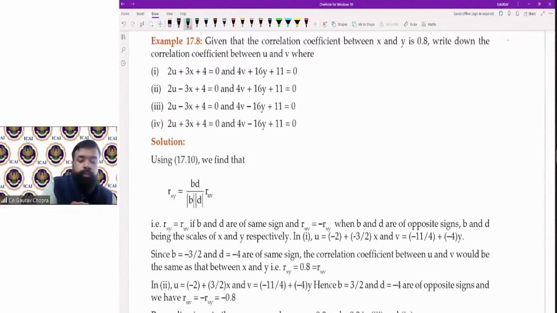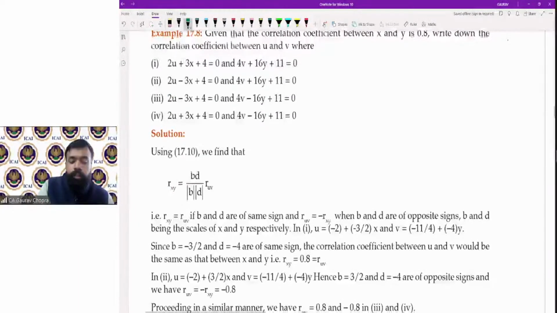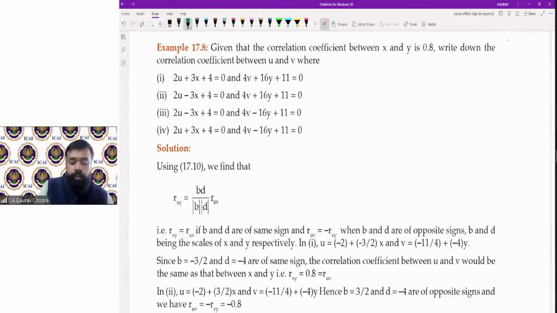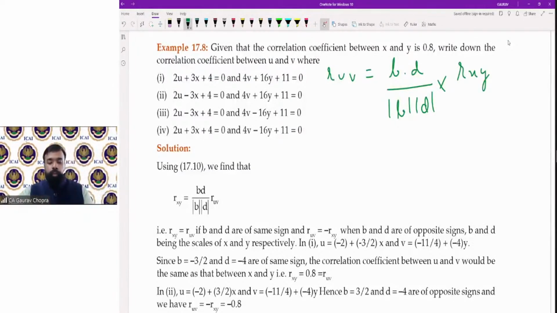What is the formula? It is correlation uv is equal to bd upon mod of b mod of d multiplied by correlation of xy. Okay, this is the formula.